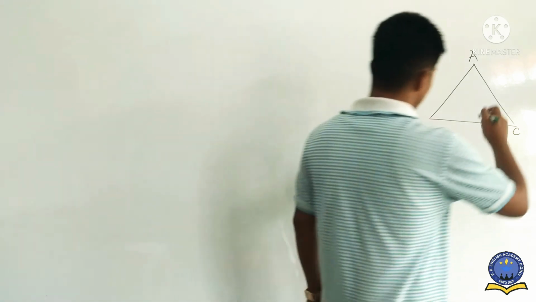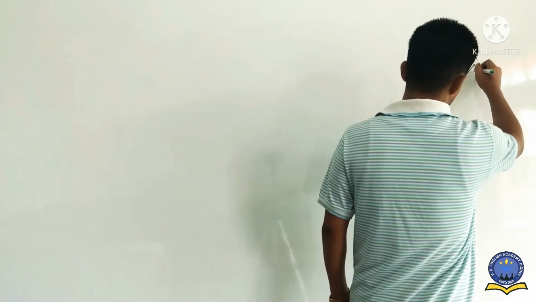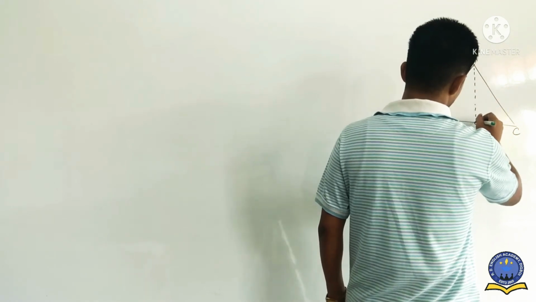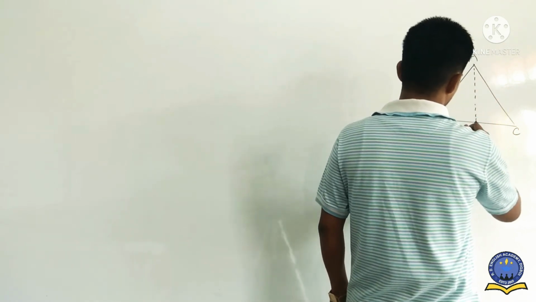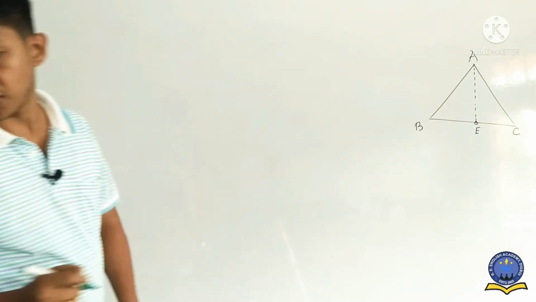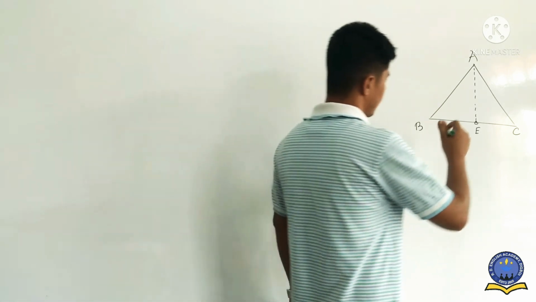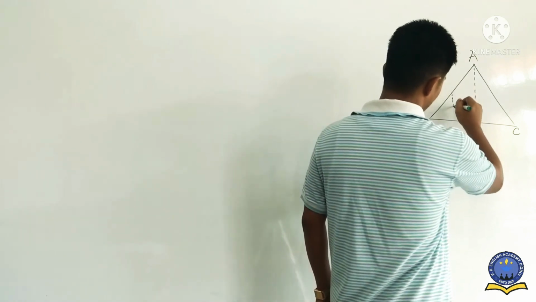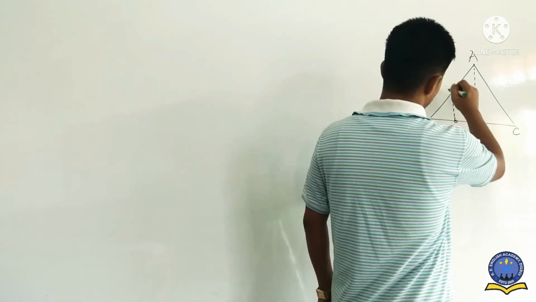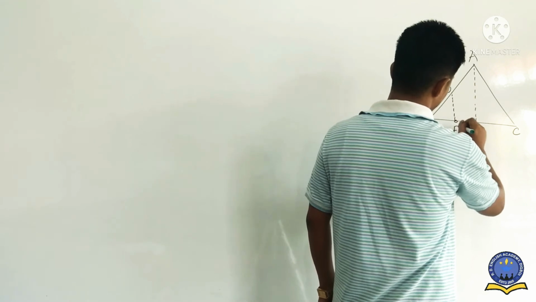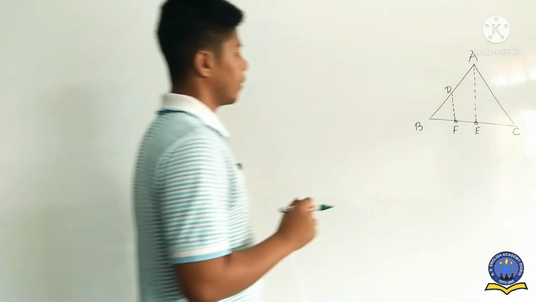The first one is AE, and another one is mentioned as DF. These two lines are drawn here.